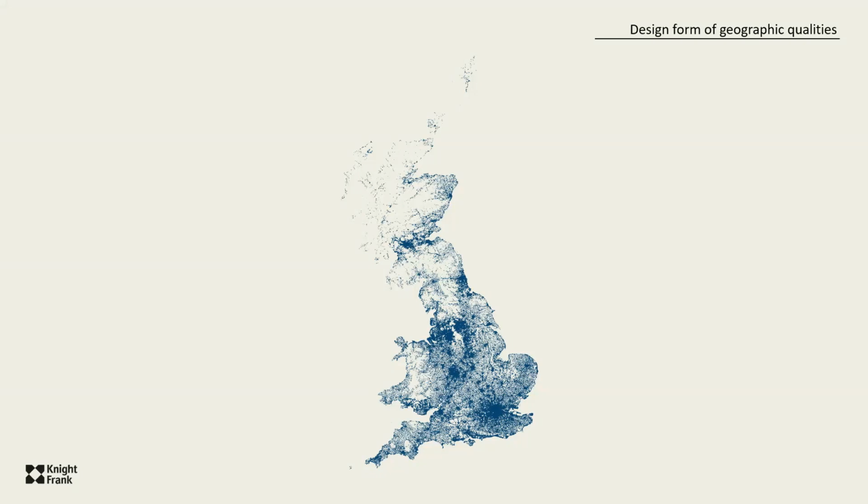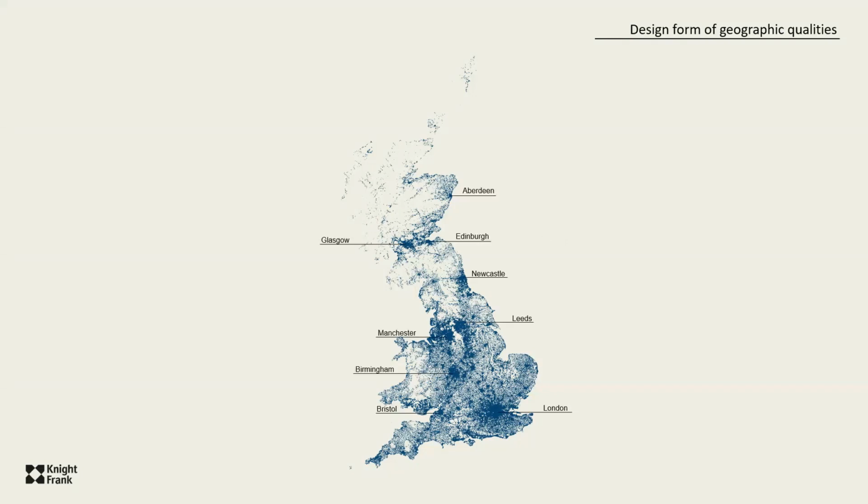Now, this symmetry is in one sense very useful to us in that it can allow us to orientate ourselves. We can see that people's origins, the place that they've moved from, and the destinations where they've moved to, very much replicate that distribution of people more broadly in Britain.